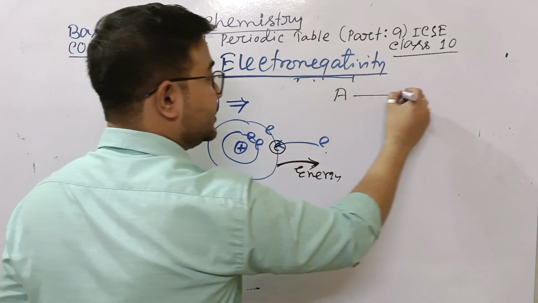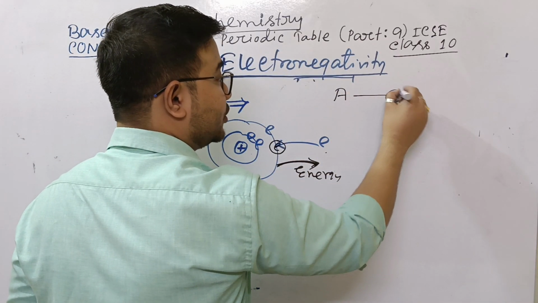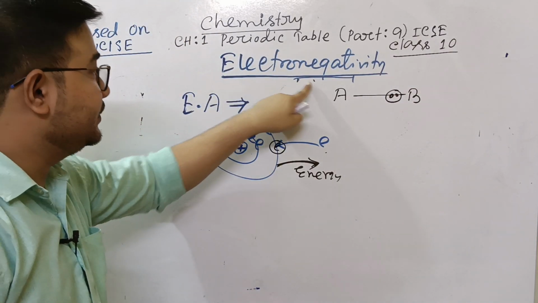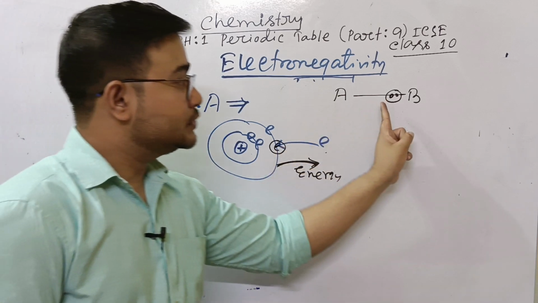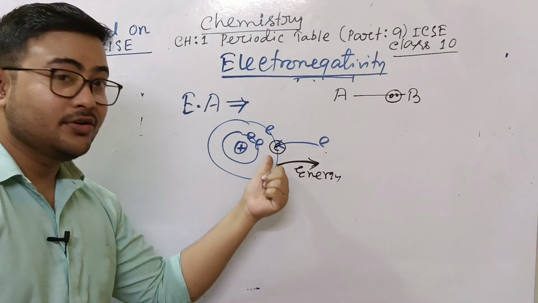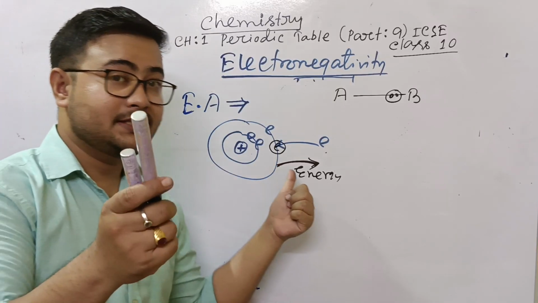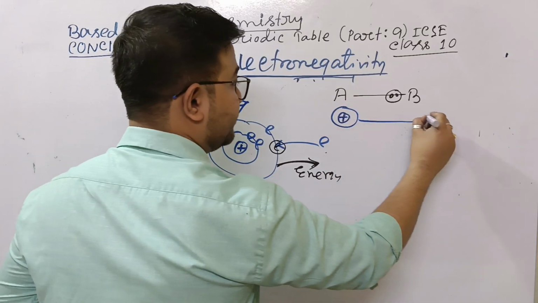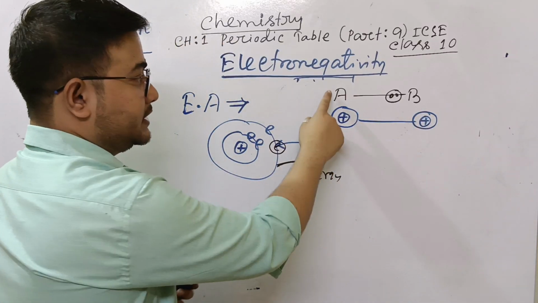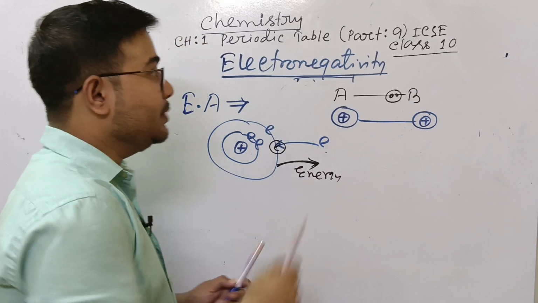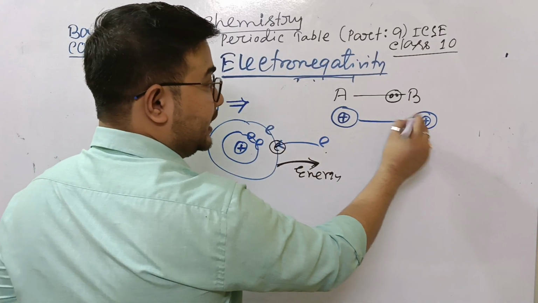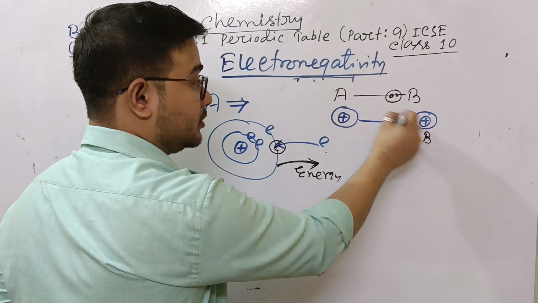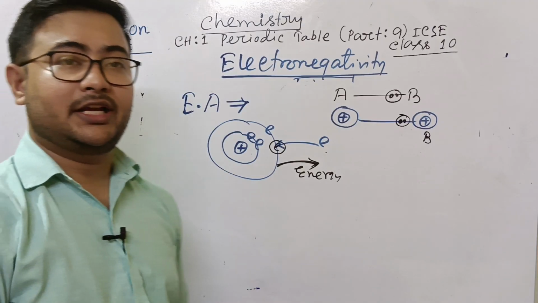Again, come back to this point. What is electronegativity? Pulling the electron towards itself. Now look at the board: more or less the same concept, electronegativity and electron affinity. Here also pulling the electron, here also acceptance of electron. But what is the difference? Suppose this is atom A and this is atom B, with A bonded to B. In the case of electronegativity, atom B does not accept the electron, it just pulls, but here there is acceptance of the electron.